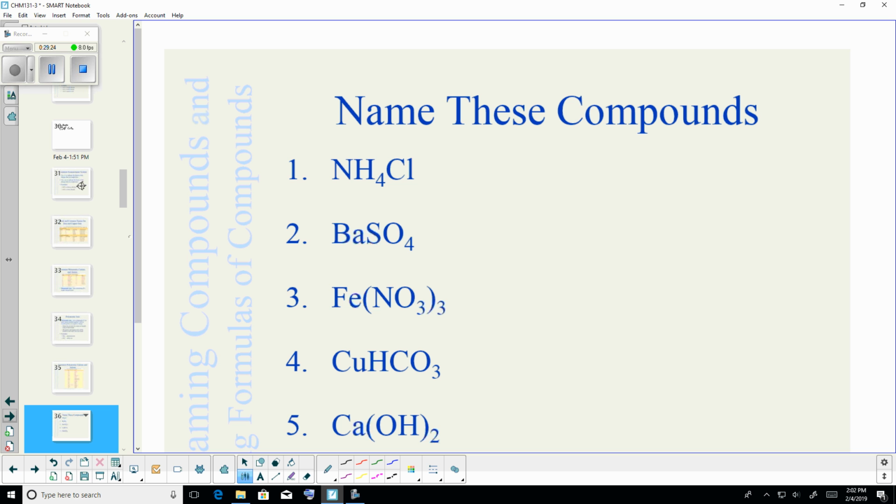Yeah, so NO3 has overall charge of -1. All right? And we have 3 of them, so that means we have 3 minuses, so this has to be, to add up to 0, 3 plus. So this is iron 3 nitrate.